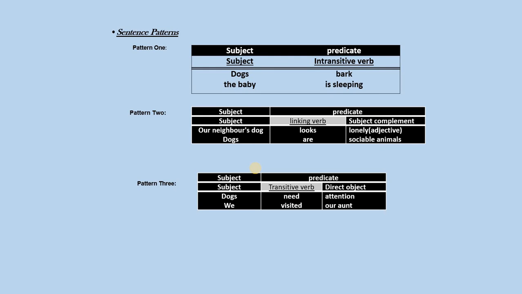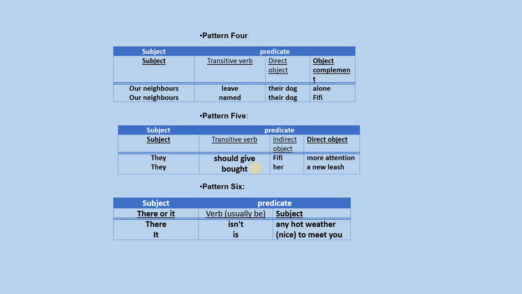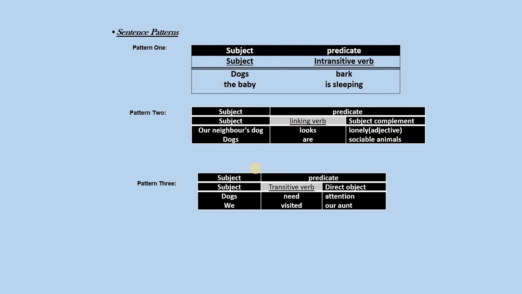Sentences in English can come in six main patterns. These are the first three, and these are the three other ones.